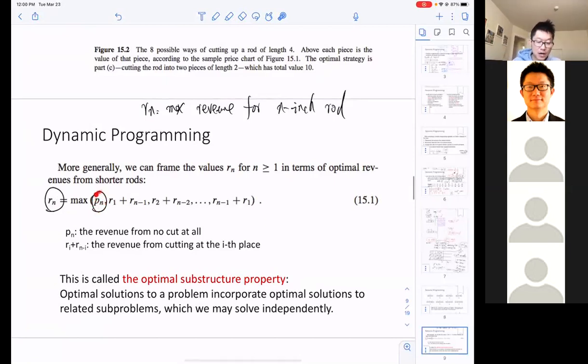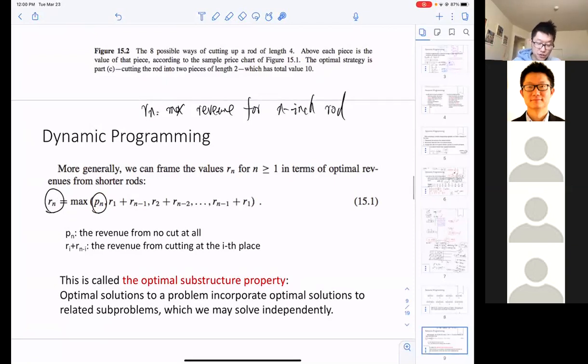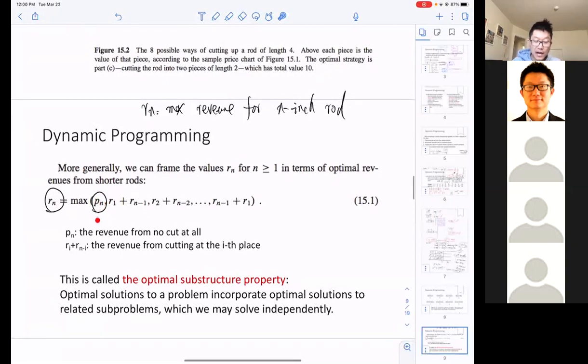If you sell this rod directly, which is n inches, then you will get Pn as your revenue. It's like no cut. Make sense? Yeah, that makes sense.